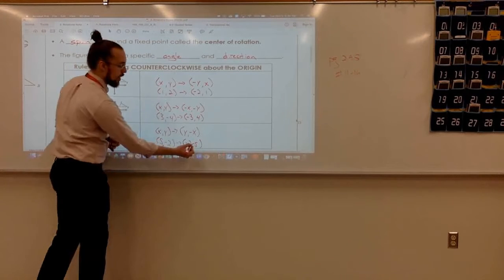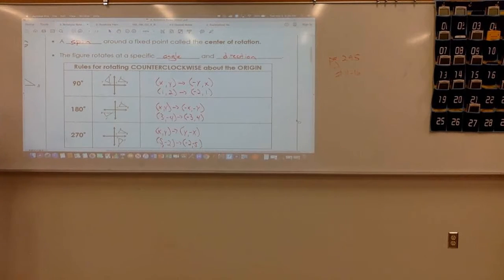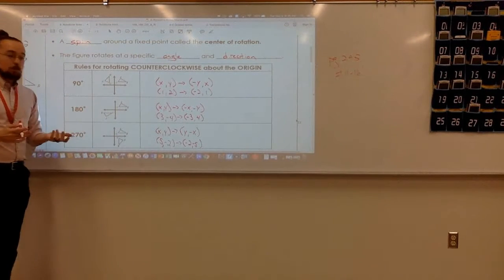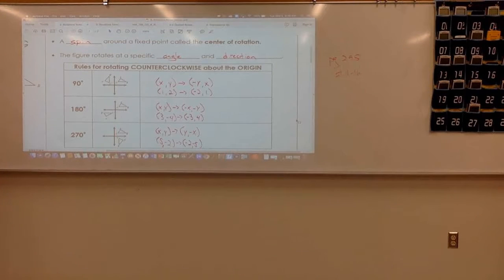So I'll make the 5 negative. Okay, so these rules, we will need to memorize these 3 rules. We're rotating 90, 180, and 270 about the origin.